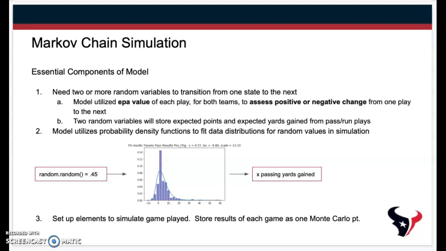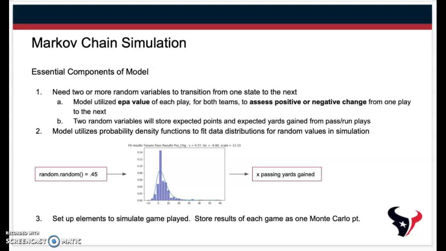To quickly reiterate the last point of emphasis of the part one presentation, we want to talk about the EPA value and how that was used to assess the transition from one play to the next as being positive or negative. If we remember from earlier, EPA does represent an assigned point value where 0 is the middle needle, and so anything positive of that would be a positive play, anything negative of that would be a negative play.